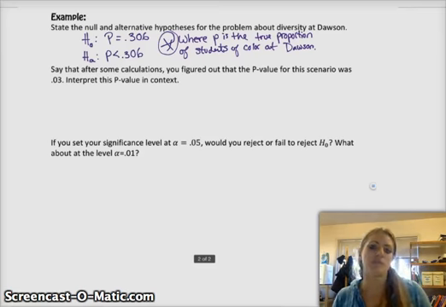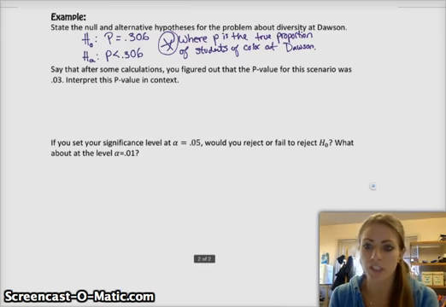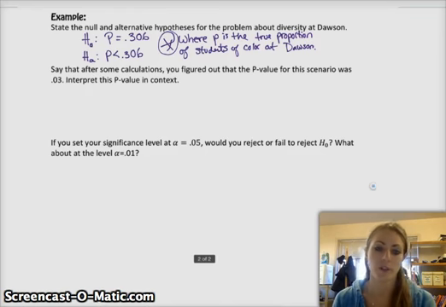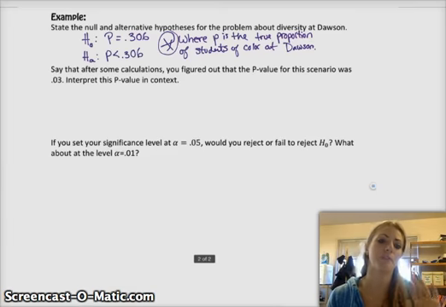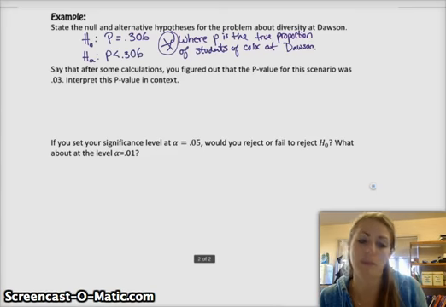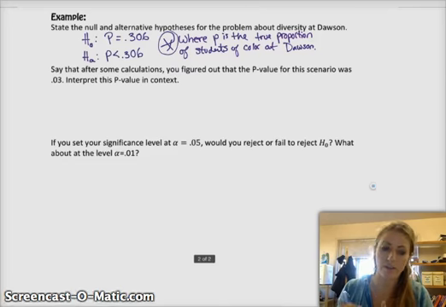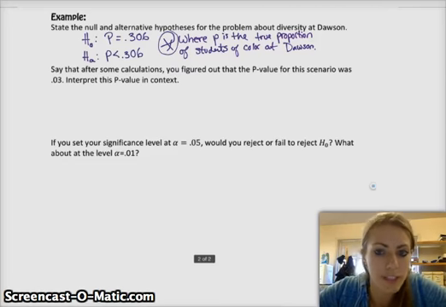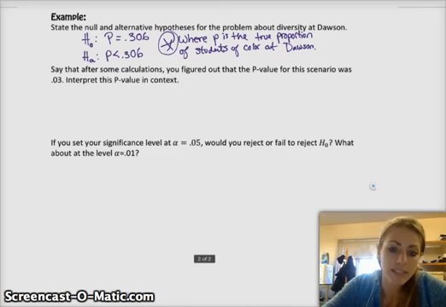Okay, next question. Say that after some calculations you figure out that the p-value for the scenario is 0.03 after a sample is taken. And don't worry, later on in the chapter we'll figure out how to actually calculate the p-value. But for our scenario today, we figure out the p-value was 0.03. Interpret this p-value in context.